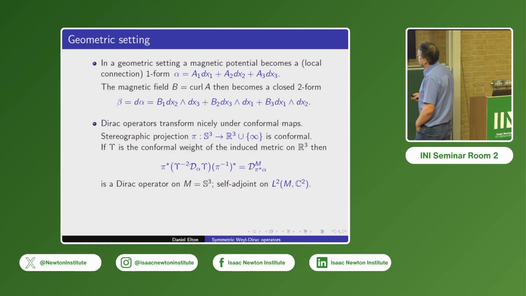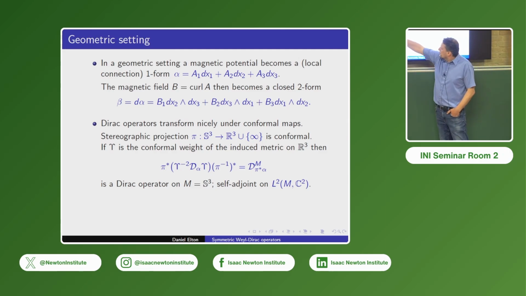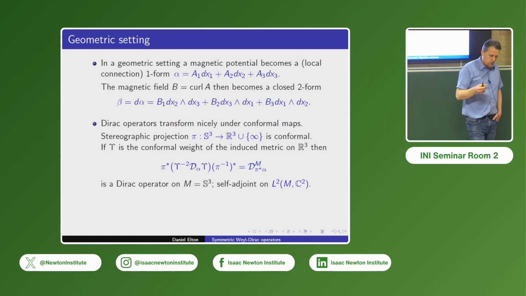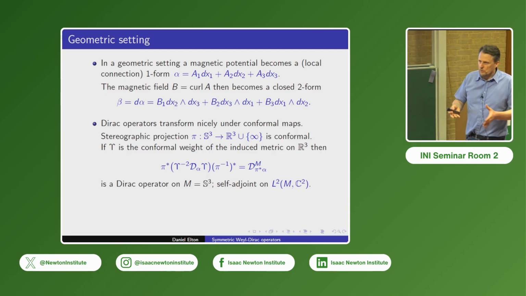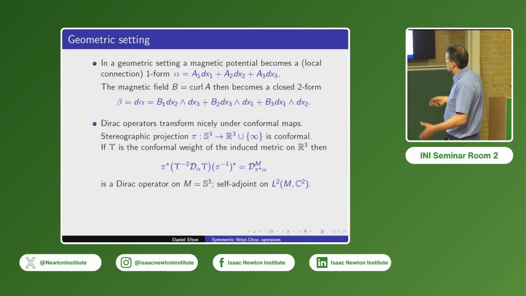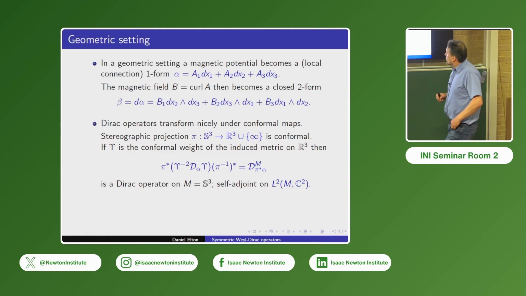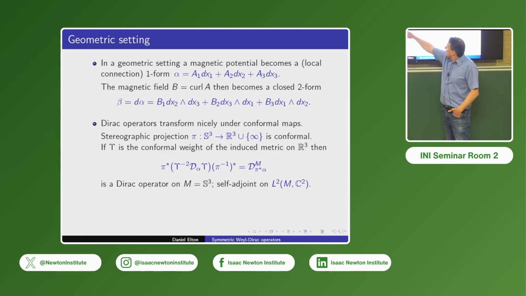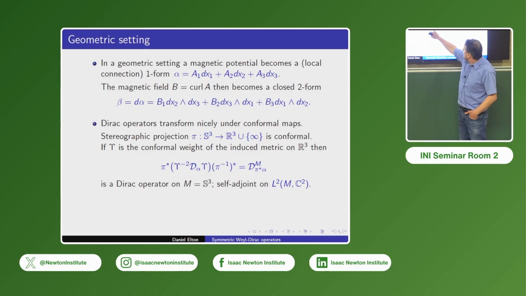We want to introduce the conformal weight, this is the upsilon there, the conformal weight that you get on R3 that makes it look like a sphere. So it's the inverse of 1 plus x squared, give or take some constants. You need to stick the conformal weight around the Dirac operator in a non-symmetric way, upsilon on one side, upsilon minus 2 on the other. And then these pullbacks here are lifting the problem up to S3.